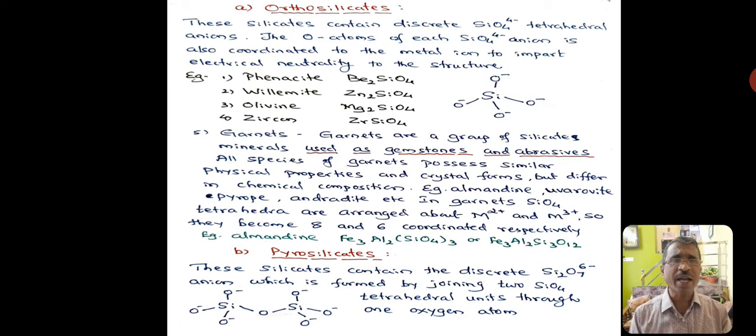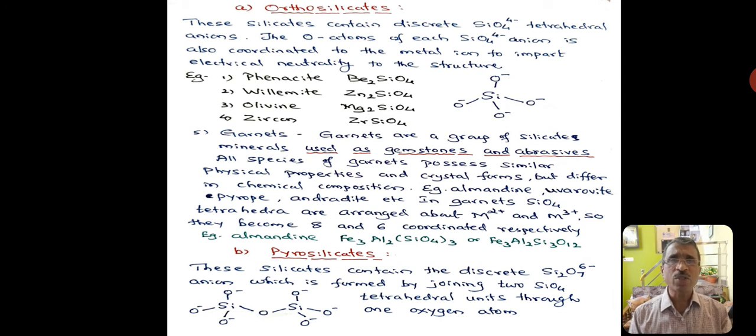In this case, 3 silicate ions are attached to ferrous and aluminium ions. Each silicate carries -4 charge. 3 silicates means totally it is -12. Aluminium valency +3, +3 into 2 is +6.